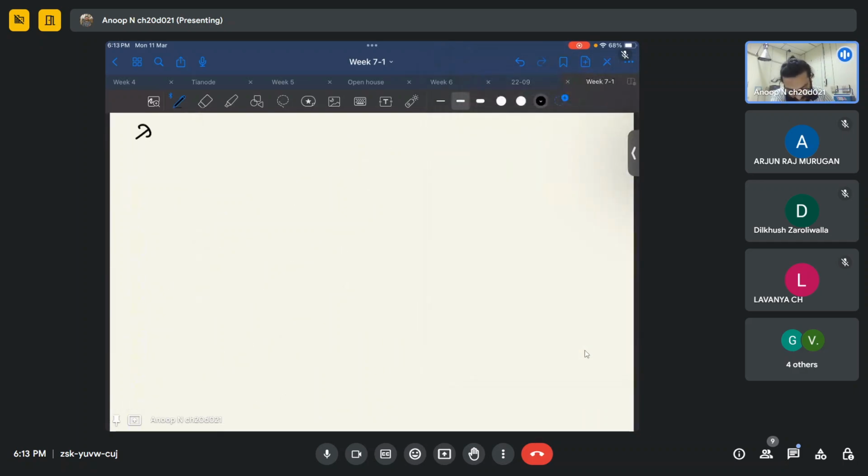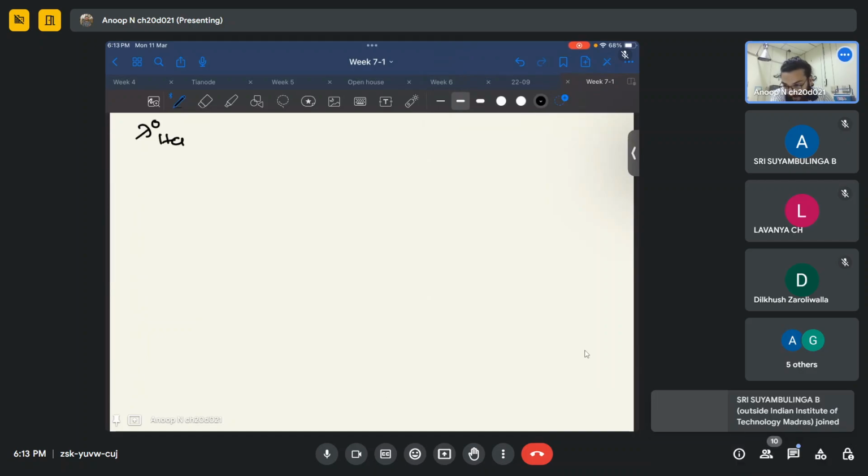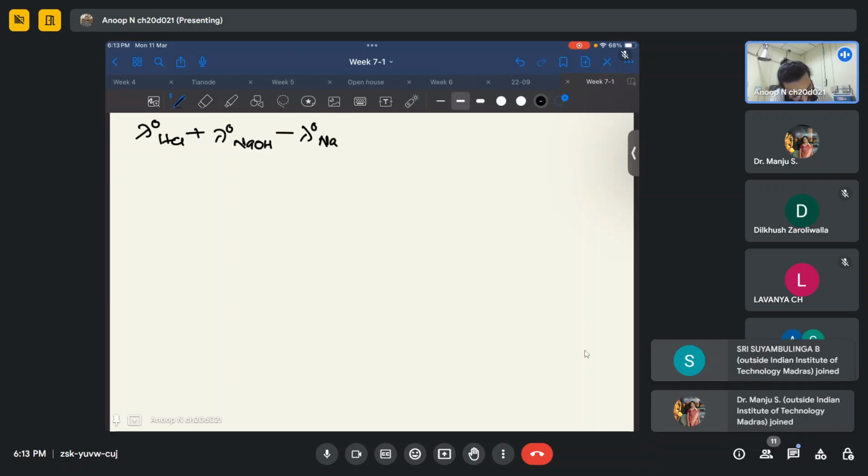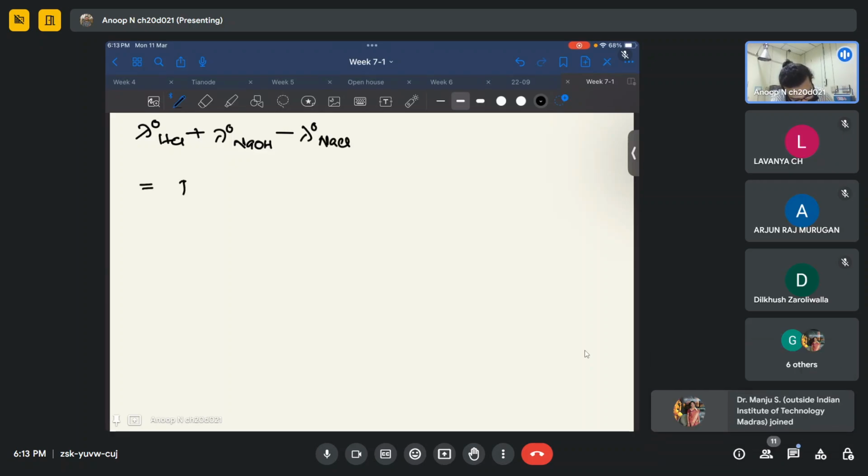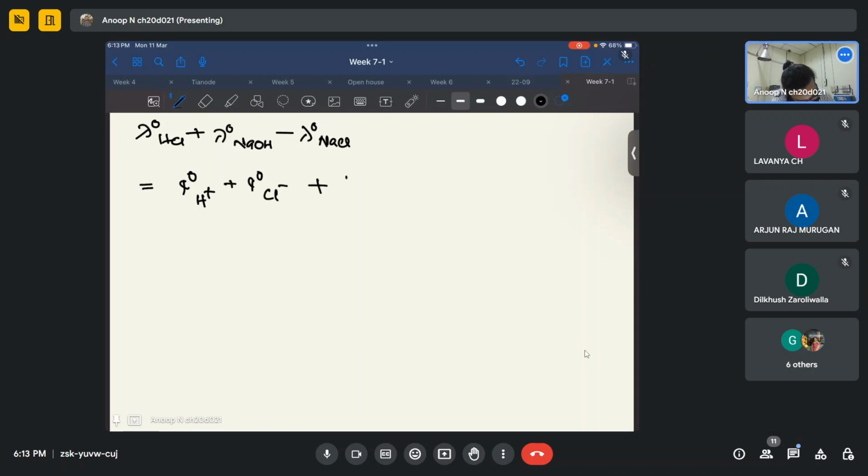So first one is lambda 0 HCl plus lambda 0 NaOH minus lambda 0 NaCl. How can I write it? It is equal to L0H plus L0Cl minus, plus L0Na plus L0OH minus, minus L0Na plus minus L0Cl minus.